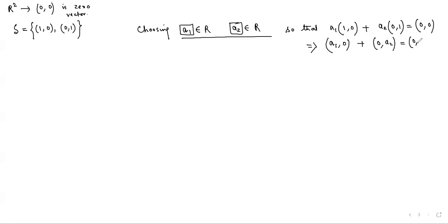By coordinate-wise addition, we get a1 plus 0 and 0 plus a2, which is equal to 0, 0, and that becomes a1, a2 equals 0, 0.